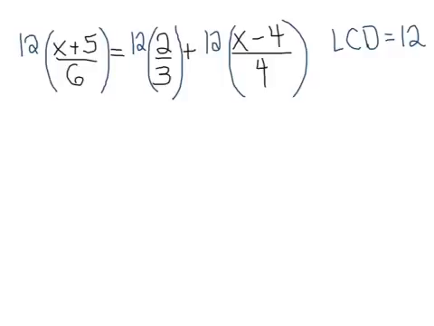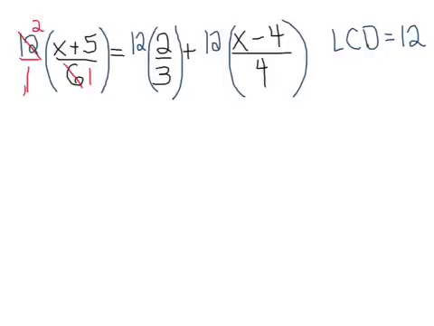Okay, so the next step is, of course, to try to get rid of those fractions. In other words, fraction bust. And what we can do is we can use the property that 12 is like 12 over 1. And we know that if you are multiplying 12 over 1 times x plus 5 over 6, that you can reduce on the top and bottom. So since 6 and 12 both have a common factor of 6, you can reduce by 6. 6 goes into 6 once, 6 goes into 12 twice.